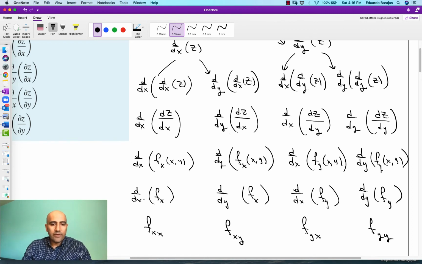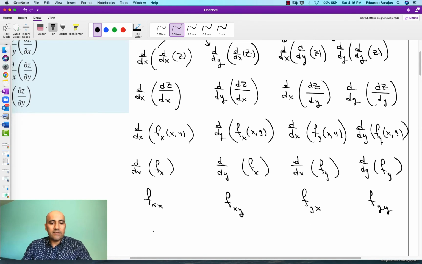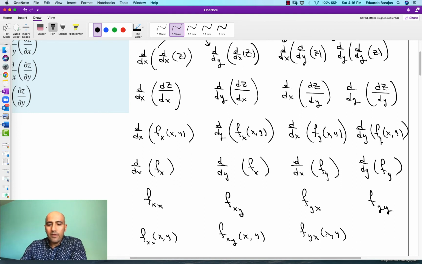And, well, finally, we can also just put these in there again. This could be f sub xx of x comma y. This is f sub xy of x comma y. This is f sub yx of x comma y. And finally, f sub yy of x comma y.